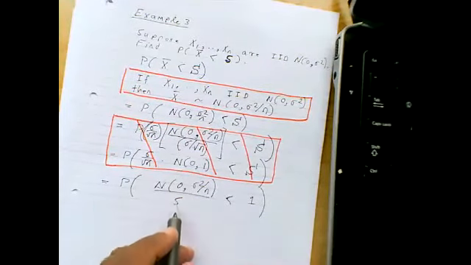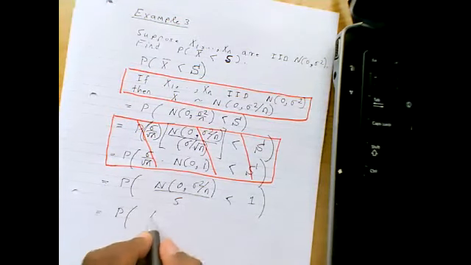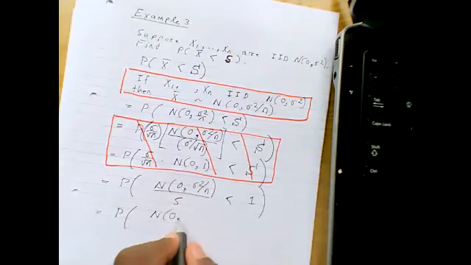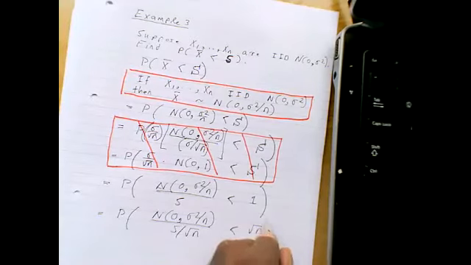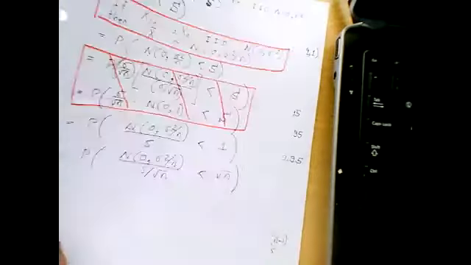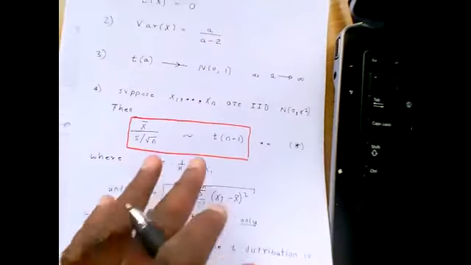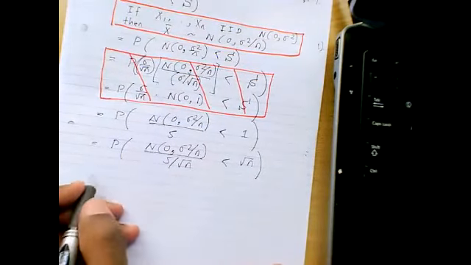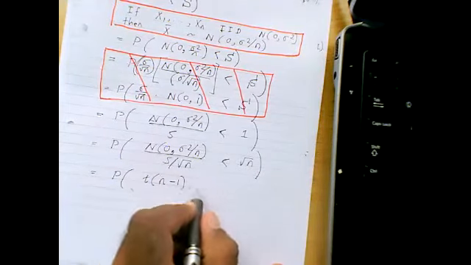So this becomes this, right? Now the next thing I'm going to do is this. Because of the property that I mentioned here, this guy on the left-hand side must be a t variable with n minus 1 degrees of freedom.